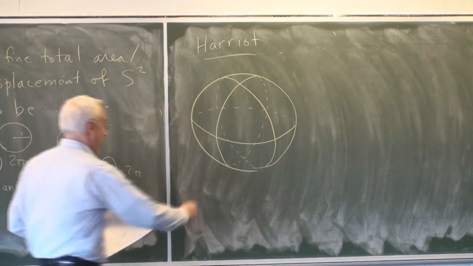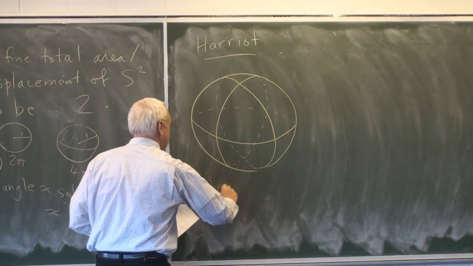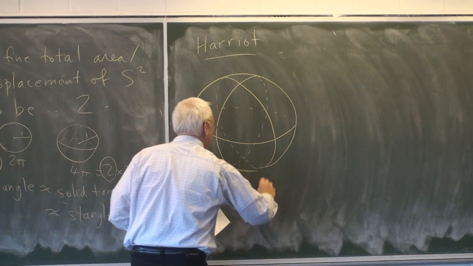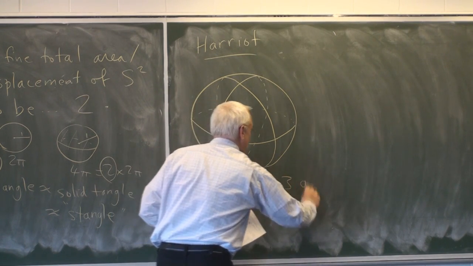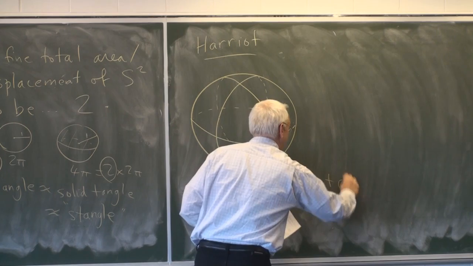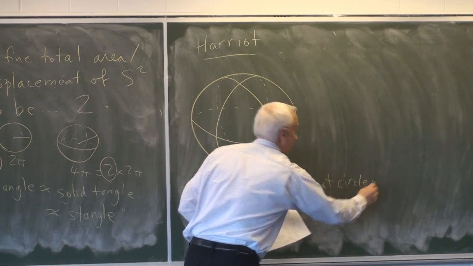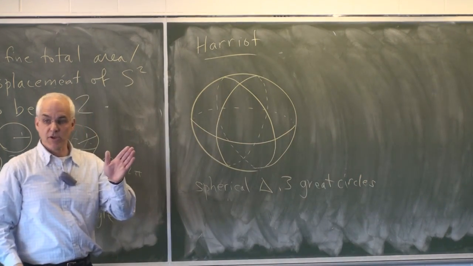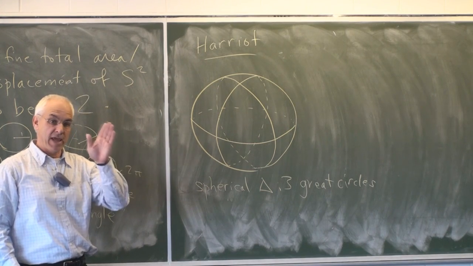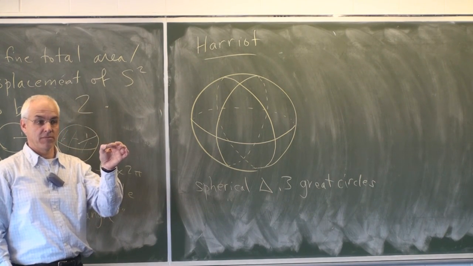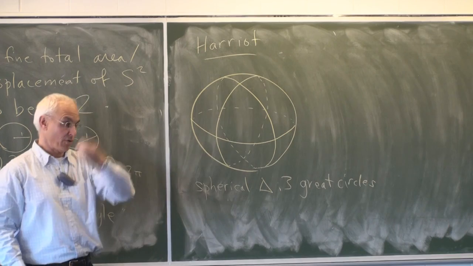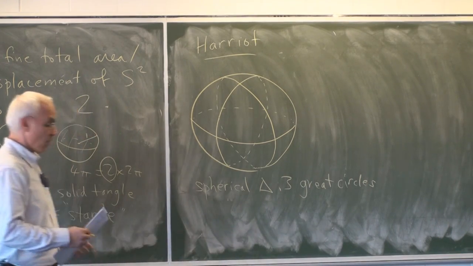Okay, so there's a spherical triangle made out of 3 great circles. And I remind you, a great circle is what you get when you cut the sphere by a plane through the center of the sphere. So they're the biggest circles on the sphere. So we have 3 of those.